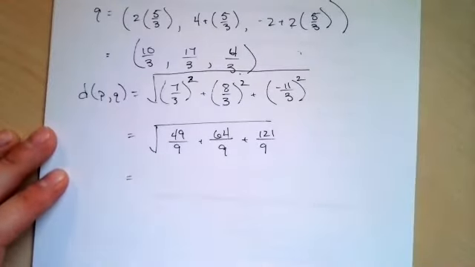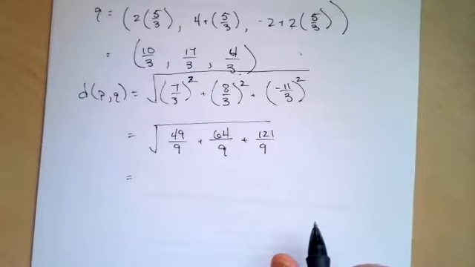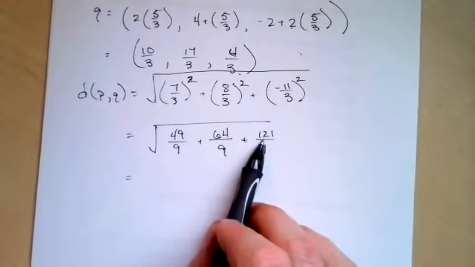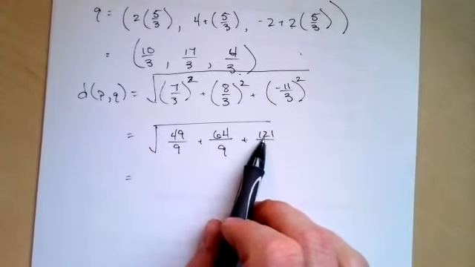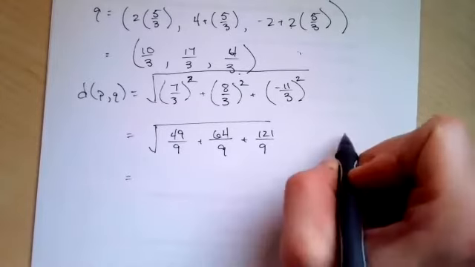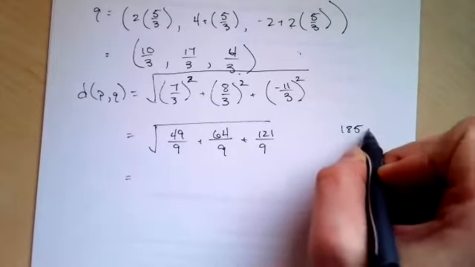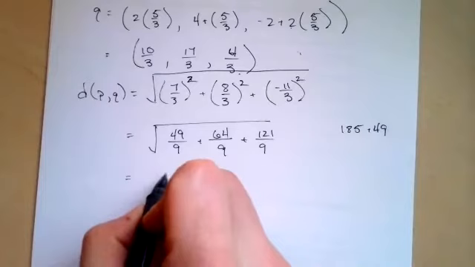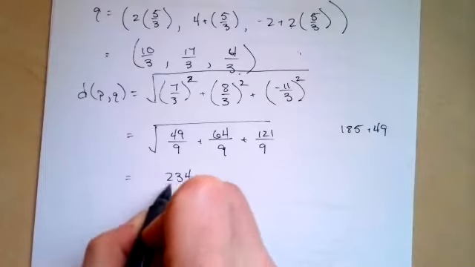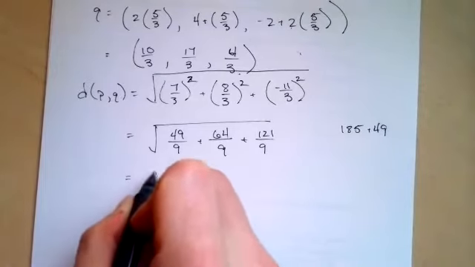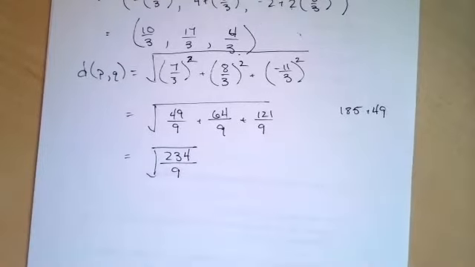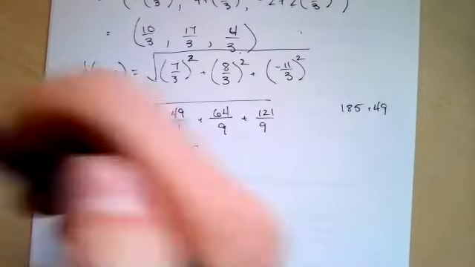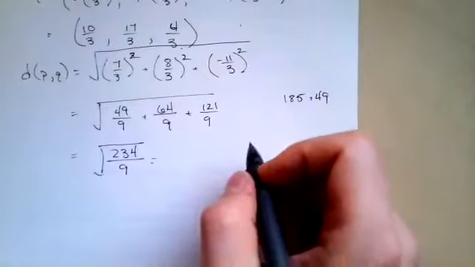And what are we going to get? Let's see, 64 and 121 is 185, and 49 is going to give us 234. So that's going to be our distance. Will that simplify at all?